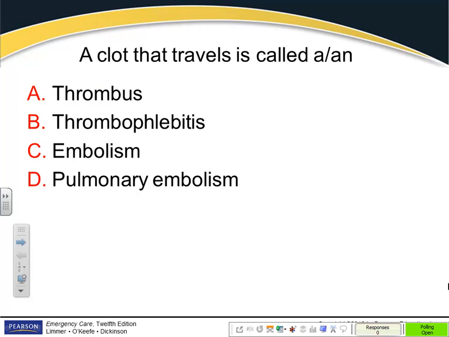Okay. A clot that travels is called. I told you guys this the other day. Let's see what you remember. One more, come on. Somebody.